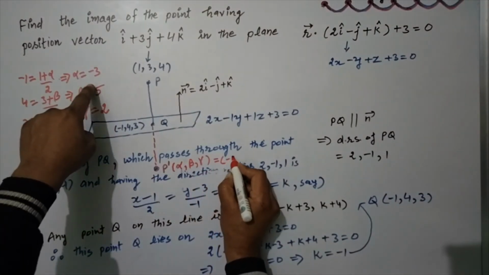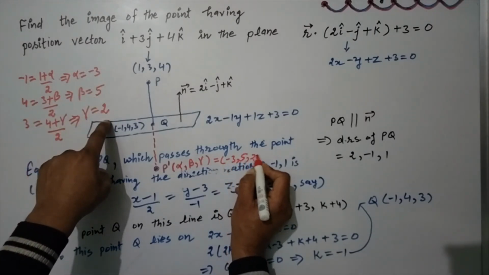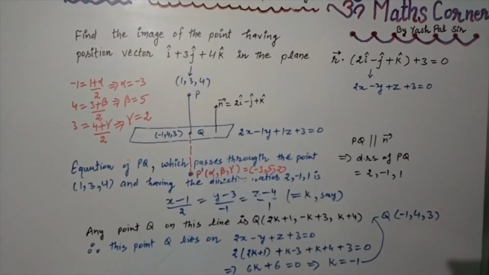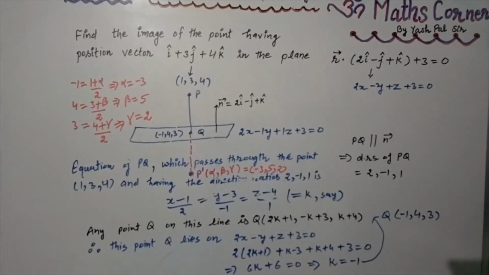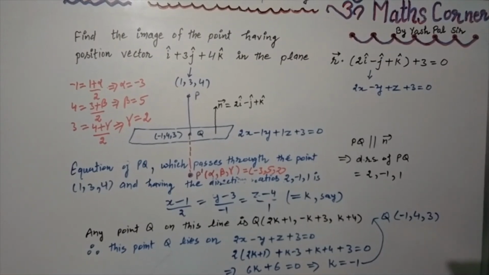So the image has alpha equal to minus 3, beta equal to 5 and gamma equal to 2. This is the image of the given point. The question is very important from the examination point of view.